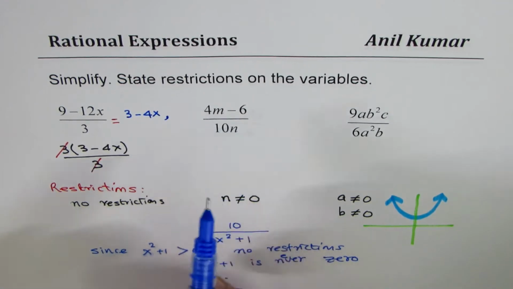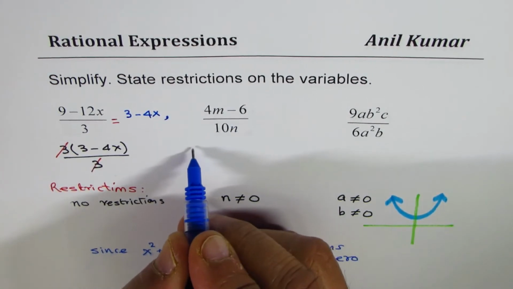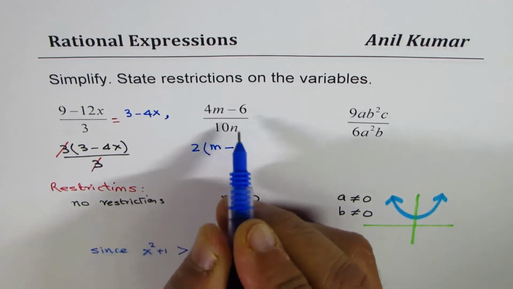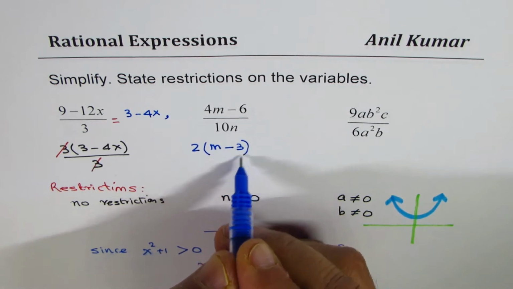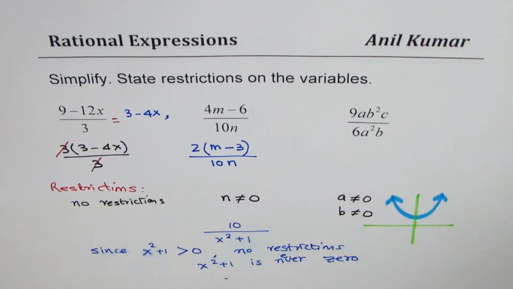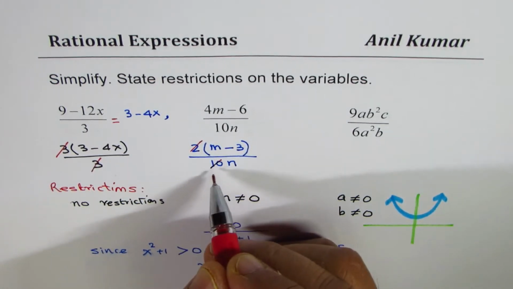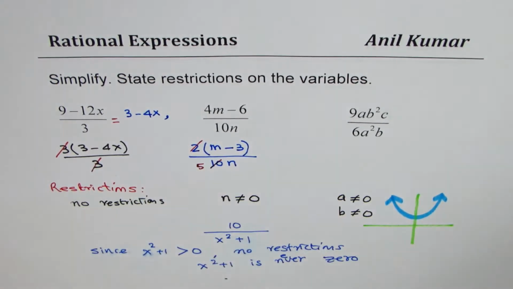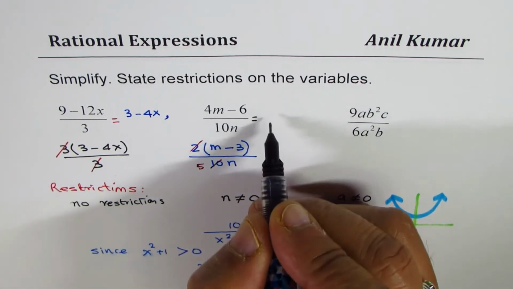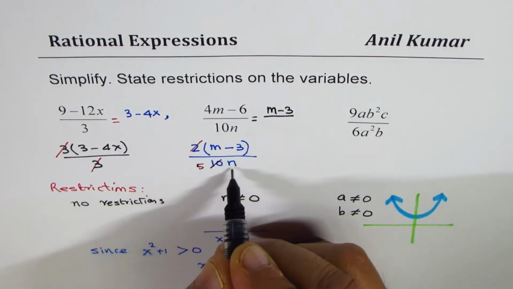Let's move on to the next one. Factoring the numerator, 2 is a common factor, so let's take 2, and we are left with m minus 3. The denominator is 10n. Now here you could simplify by dividing by 2, so you get 5 in the denominator, and therefore I could write this as equal to m minus 3 divided by 5n.